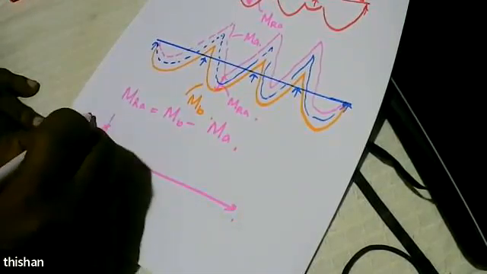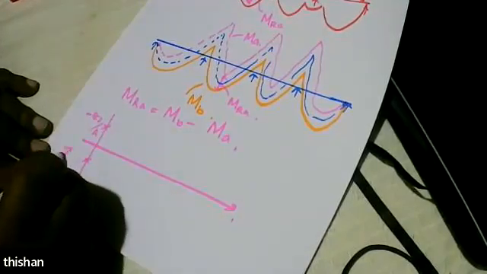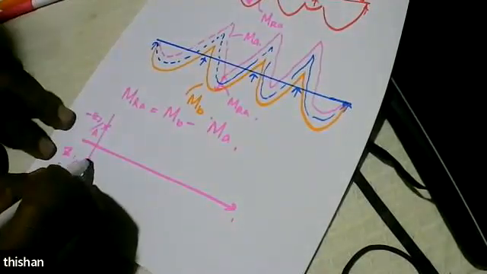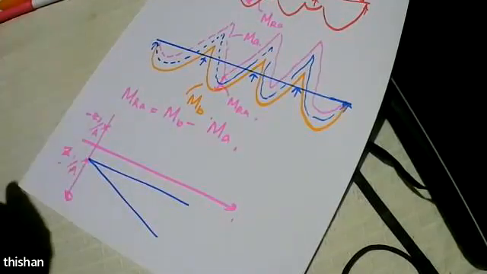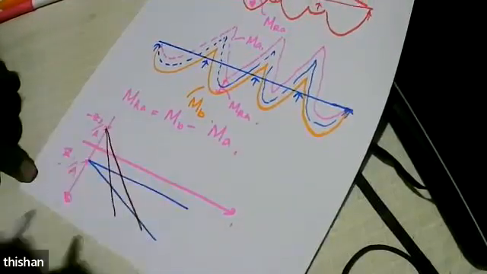This is minus Z2 over A, this is minus Z1 over A. We had two conditions going like that, and two more conditions going like that.